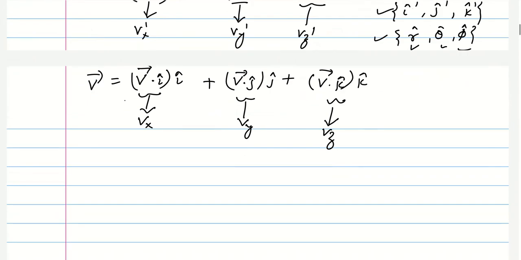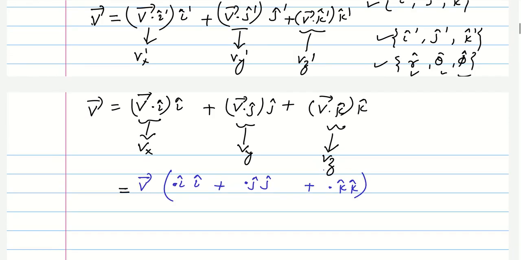So what is the procedure that you are following here? If you see, I am taking this v common. So in the bracket what you are getting is i i plus j j plus k k.